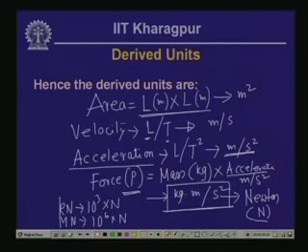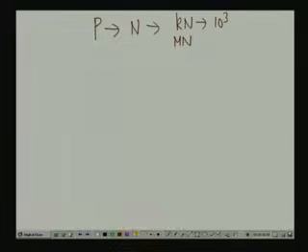So, the force we define in Newton, and it could be in kilonewton or meganewton, which is 10 to the power 3 Newton or 10 to the power 6 Newton.